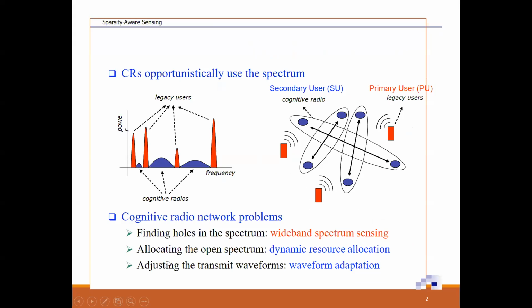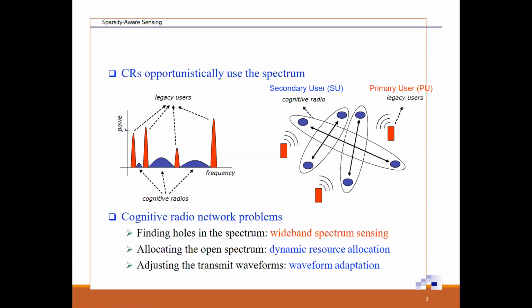Right. Then, what are the essential problems for cognitive radio? Finding the holes in the spectrum, allocating the open spectrum, and then transmitting so as to occupy the minimum bandwidth. For example, in GSM we use a kind of GMSK filter, meaning that you have to shape your waveform in such a way that it does not have much out-of-band radiation.